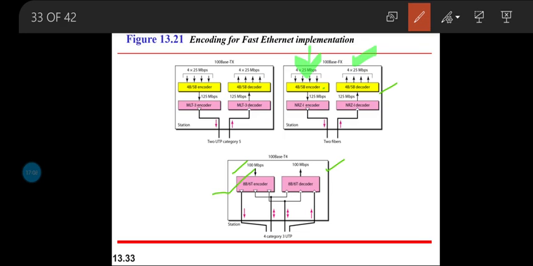What is this 8B6T? 8B6T is a data encoding technique, which means we are going to transmit 8 data bits as 6 ternary signals, each one of 3 voltage levels. When I say 6 ternary signals, each can be +1, -1, or 0.